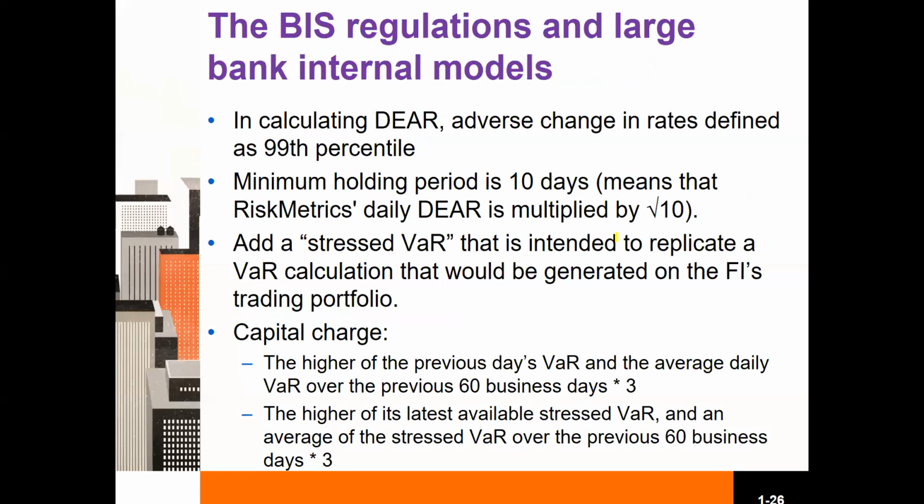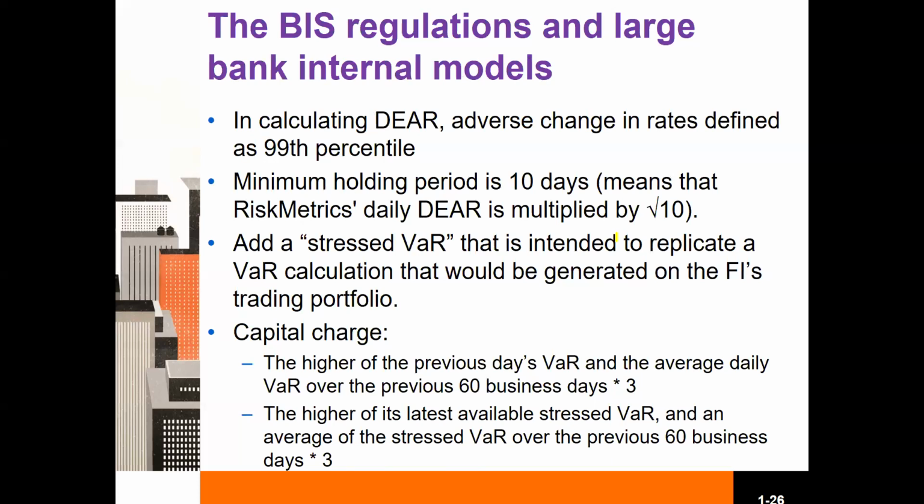Basel 2.5 requires a particular process that financial institutions follow when they use their internal model to calculate the capital charge. First, in calculating DER, daily earning at risk, financial institutions define an adverse change in rates as the 99th percentile, which means they multiply the sigma by 2.33.